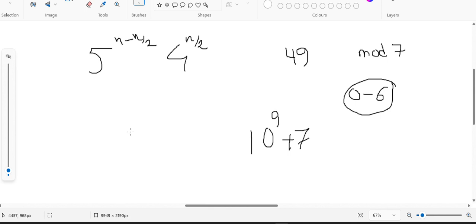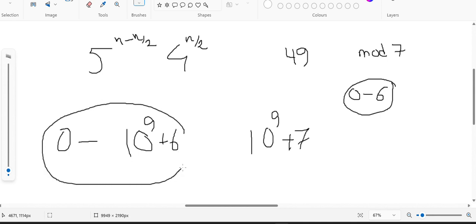Then the answer will range from 0 to 10 to the power 9 plus 6, and it lies within the integer range.